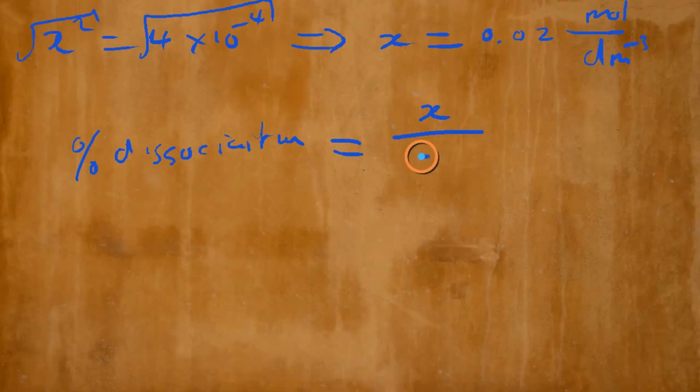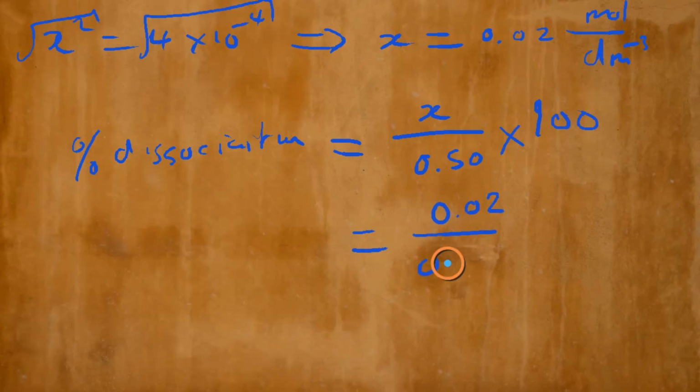Initially it was 0.50, and then we take that and multiply it by 100. So the result becomes 0.02 divided by 0.5 times 100.